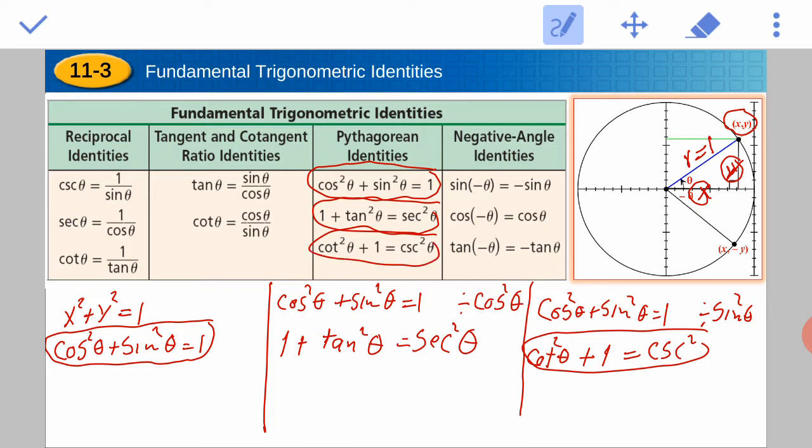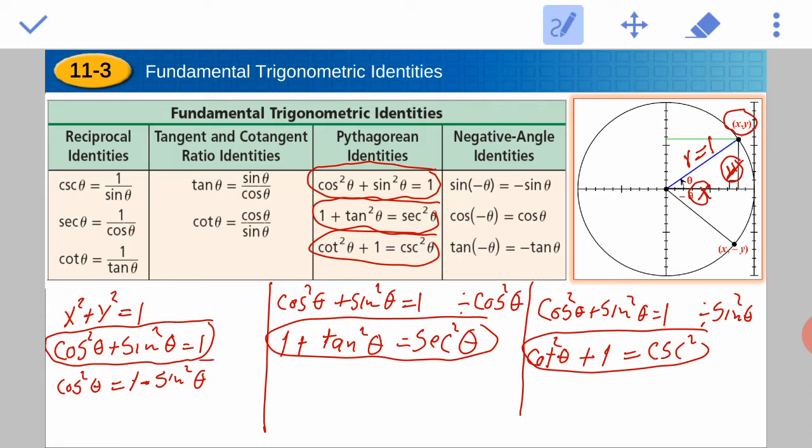Guys, be flexible when you use the three Pythagorean identities. You can derive two more forms from each one of them. What I mean is, if you want to isolate this cosine squared theta, cosine squared theta is equal to, you can minus sine squared theta from both sides. You will get 1 minus sine squared theta.